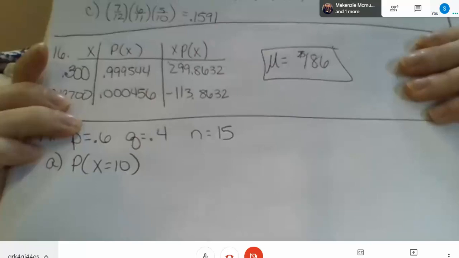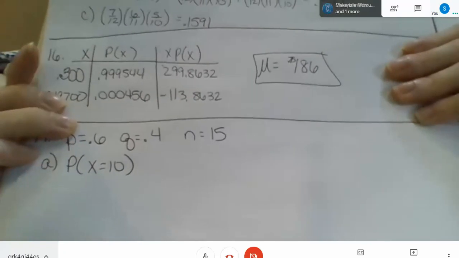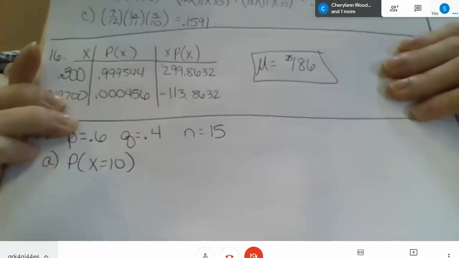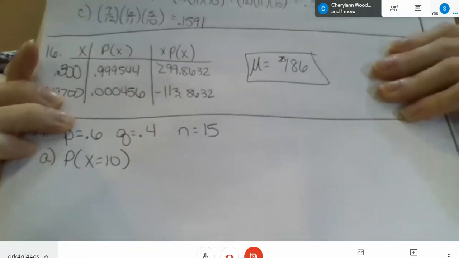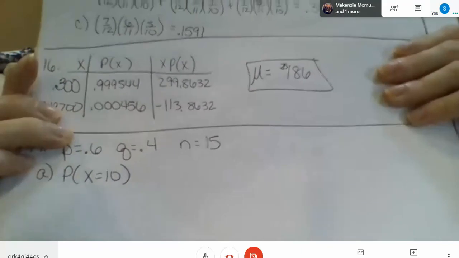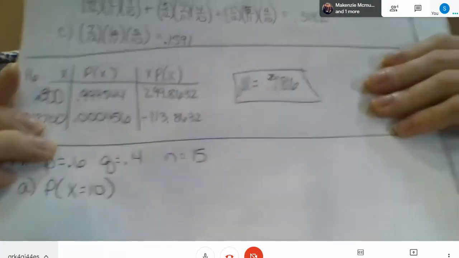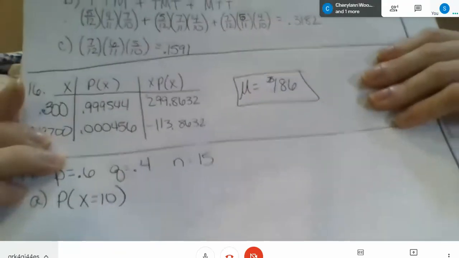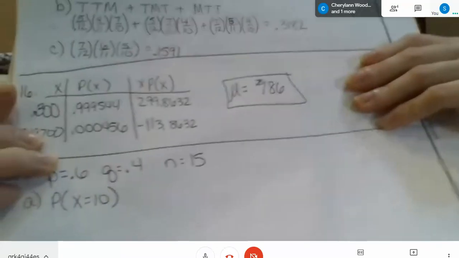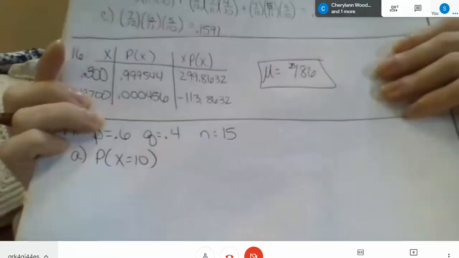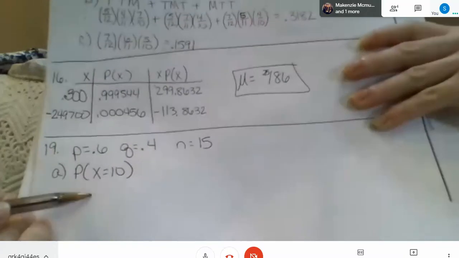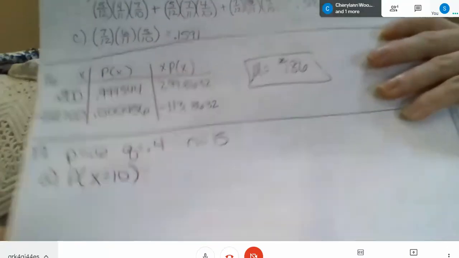You can do it by hand, or you can look at the table. On the test, there will be a couple questions that ask you to do it by hand and a couple that ask you to do it from the table, just like I think on the last page there's some. Otherwise, it's kind of up to you. I recommend, if I don't tell you, use the table whenever you can.